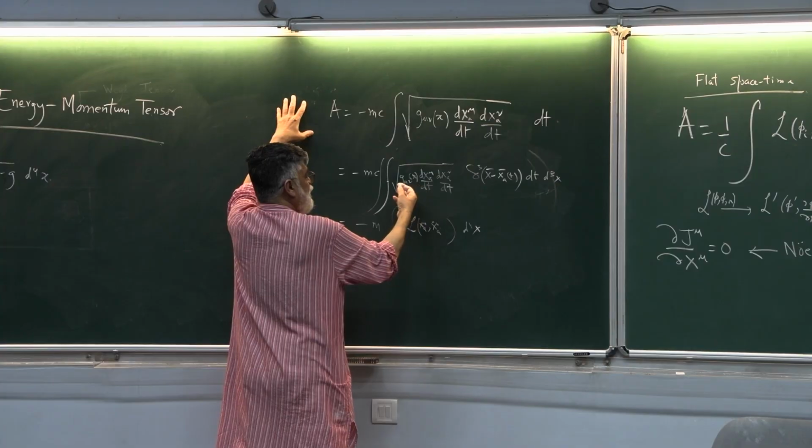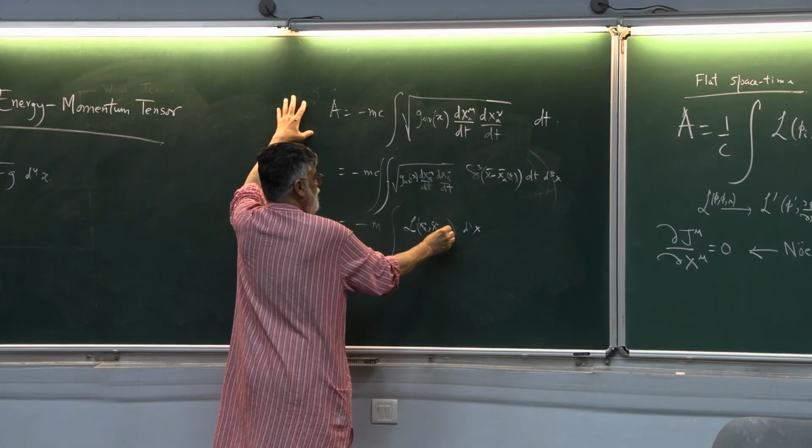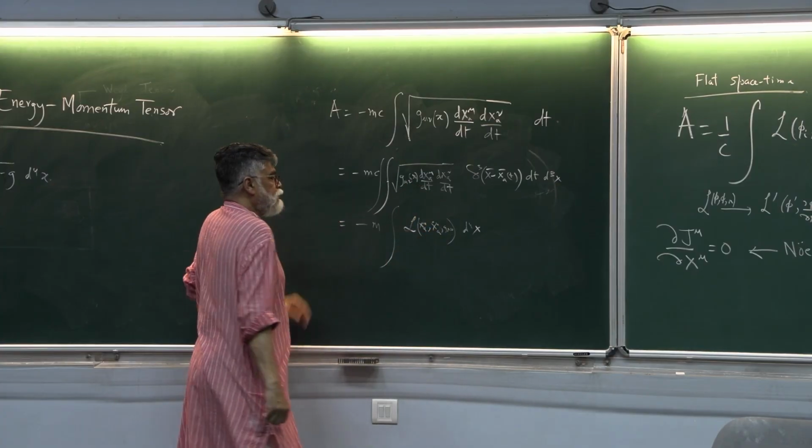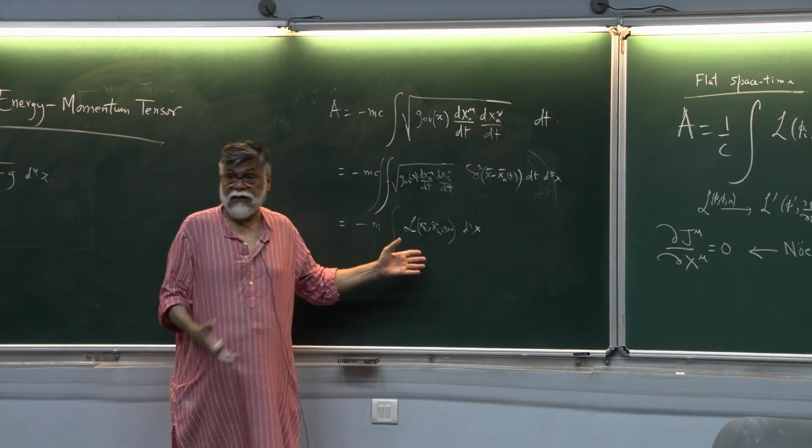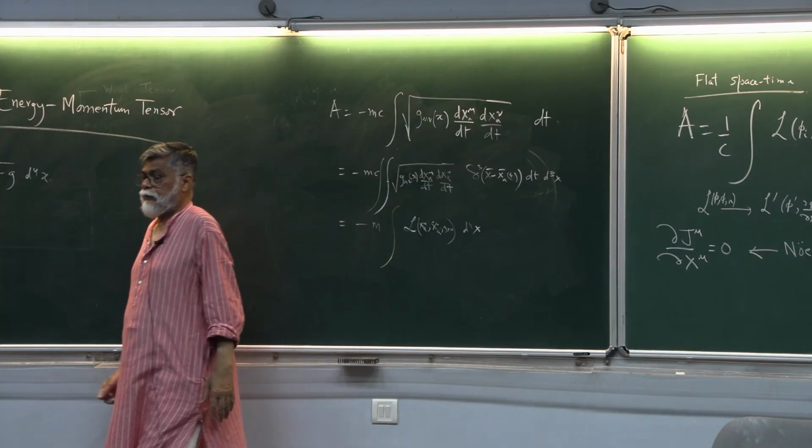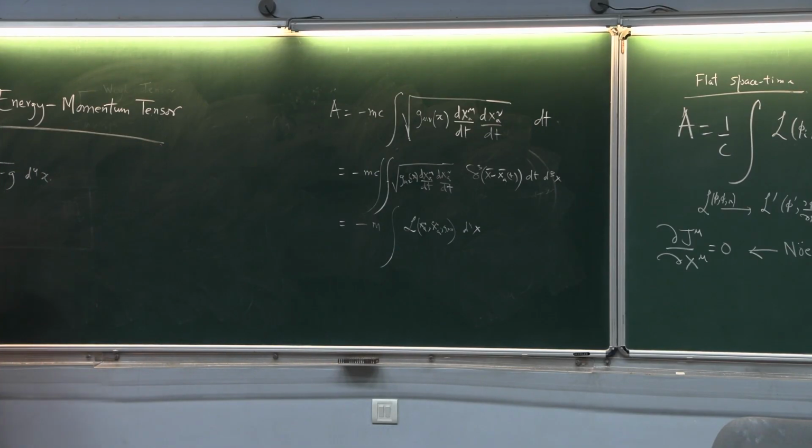And in this, of course, there is no derivative of the metric, just g mu nu is there. So I have got a Lagrangian density exactly like this. So even for point particles, you can write it in terms of a Lagrangian density, and you can apply Hilbert's method to that also.